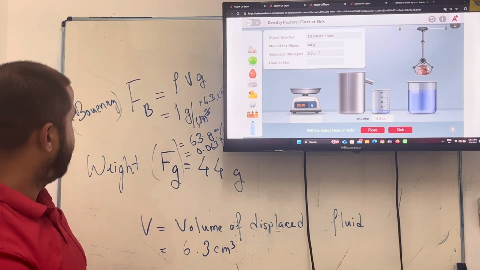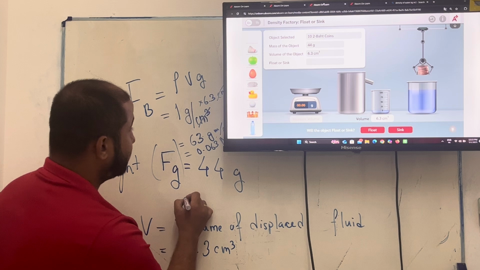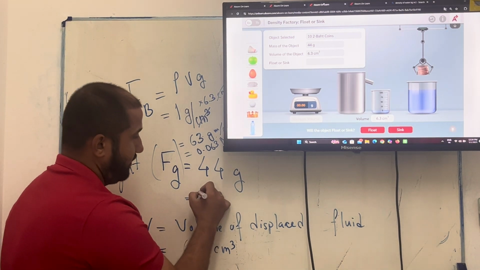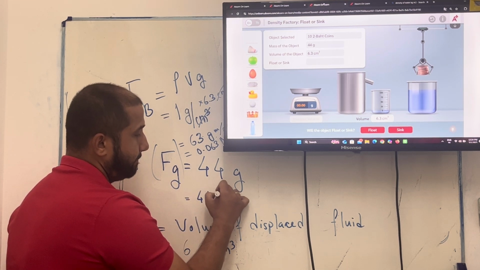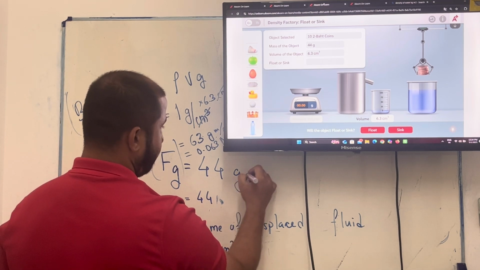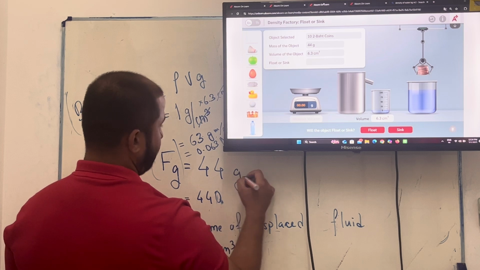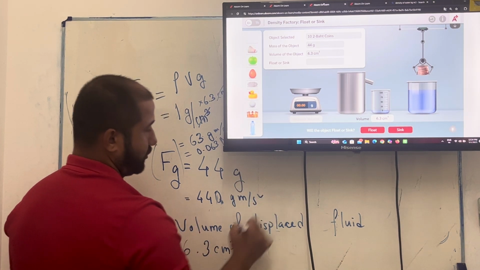Okay. Now weight of the object is how much? 44 gram. That means force is 44 gram times 10, 440 gram meter per second square.